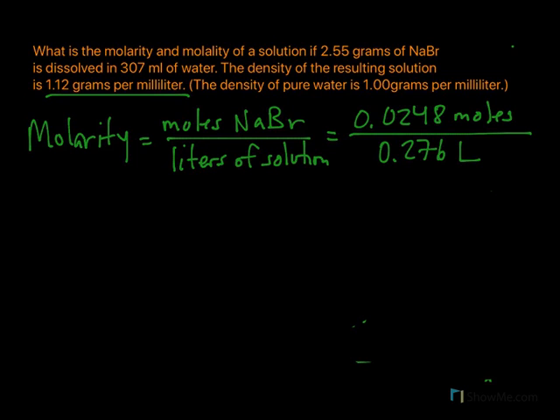So now with just one more calculation, we take 0.0248 moles of sodium bromide divided by 0.276 liters, and we get the molarity to be 0.0898 molarity of sodium bromide.